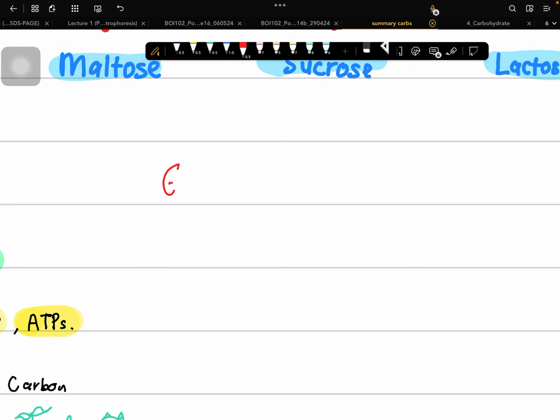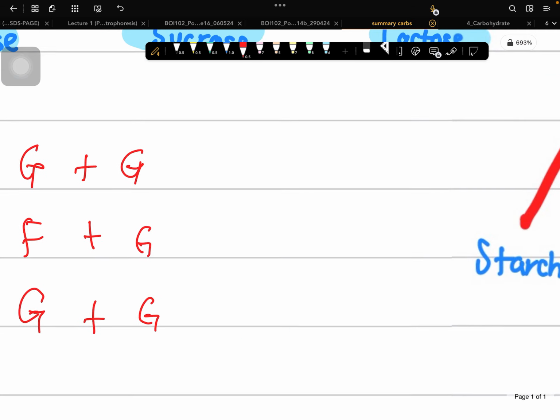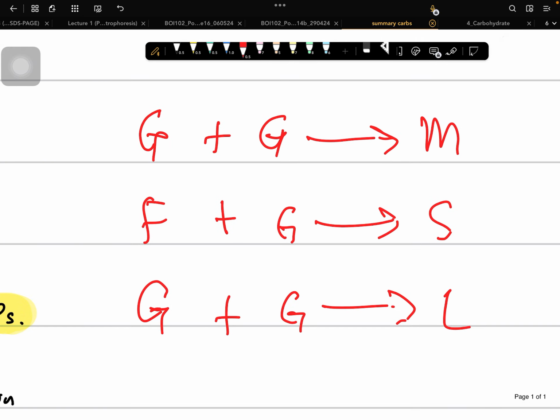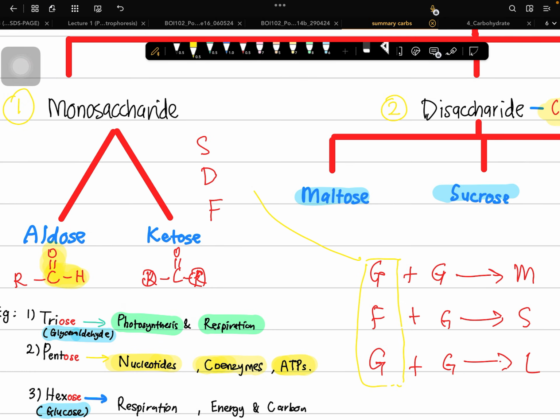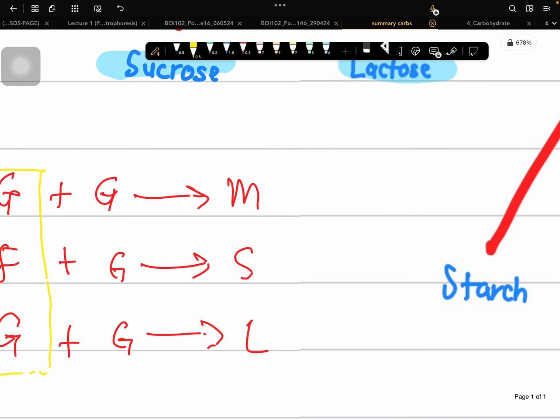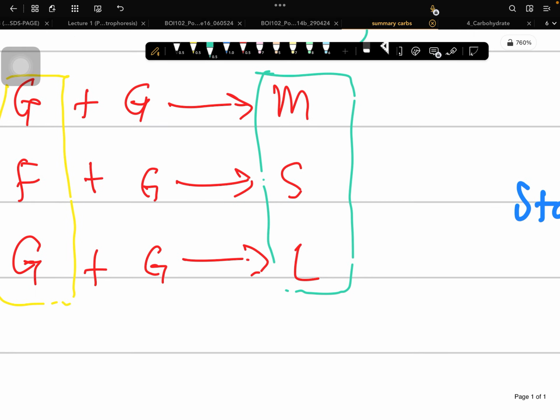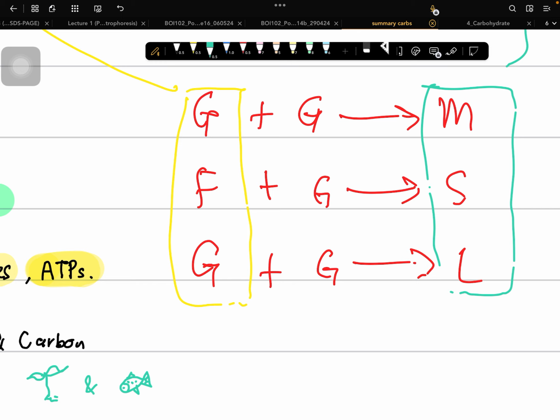We have T plus T plus T plus T. We produce MSL. This is monosaccharides, and this is disaccharides. So how to remember by acronyms?